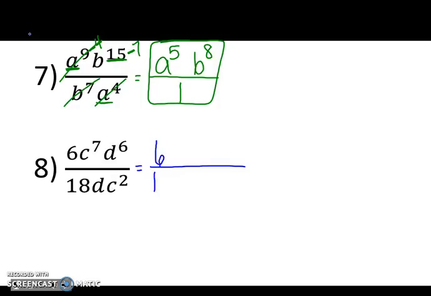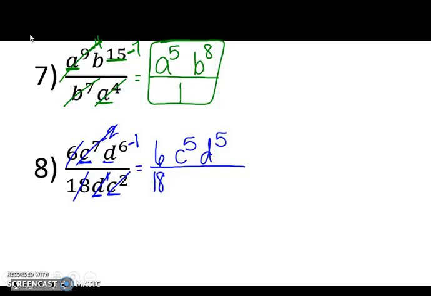I'm going to leave my whole numbers alone for right now. And I'm going to worry about my like bases. So I have C, 7 minus the bottom exponent of 2. So I get C to the 5th. And then my like bases of D, I'm going to take 6 minus 1 to get D to the 5th.